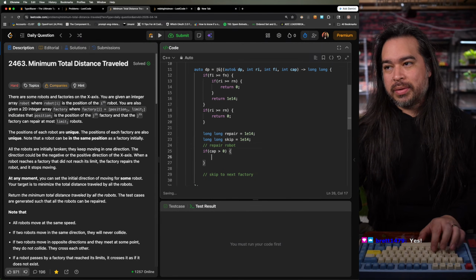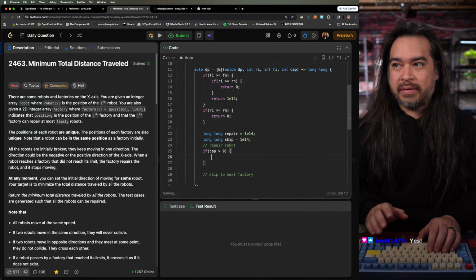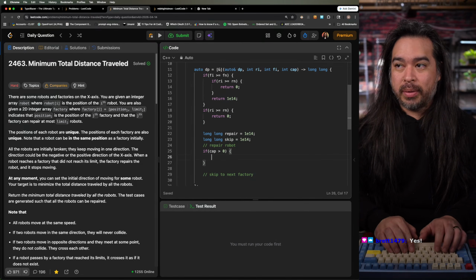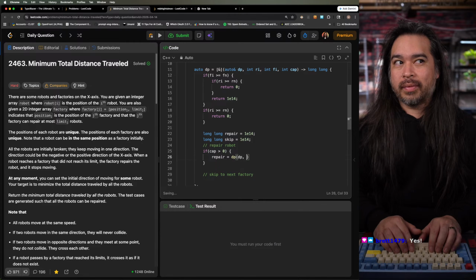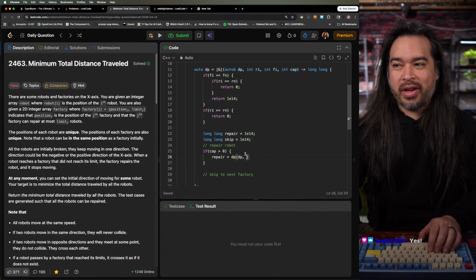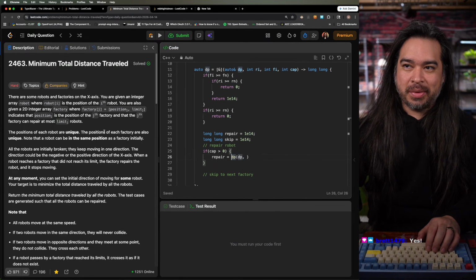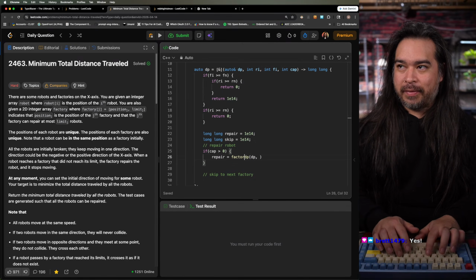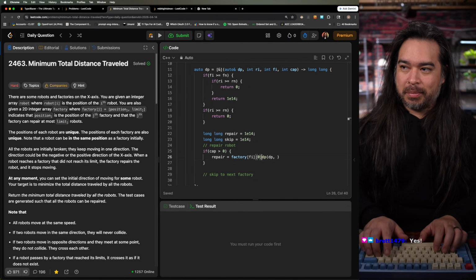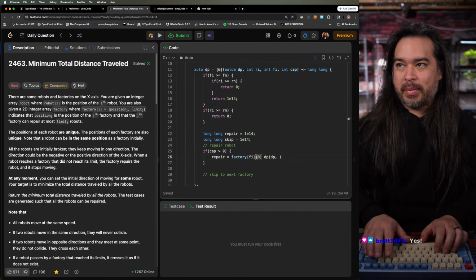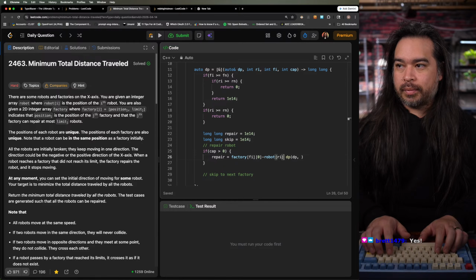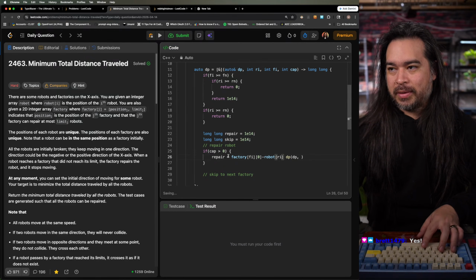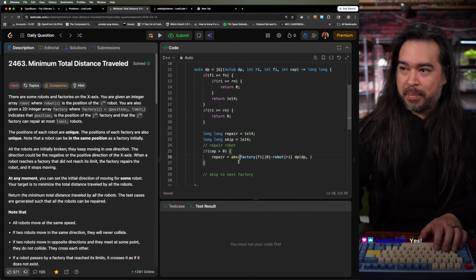All right, so now I'm gonna say if we have the capacity to repair another robot, we will. And then repair is equal to... wait, how much do we add first of all? We need to add factory position minus the robot position, but maybe the absolute value of that.